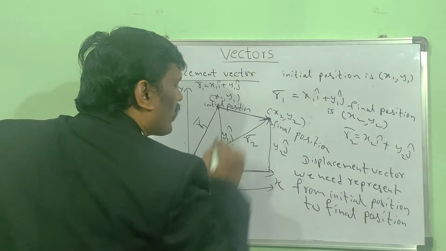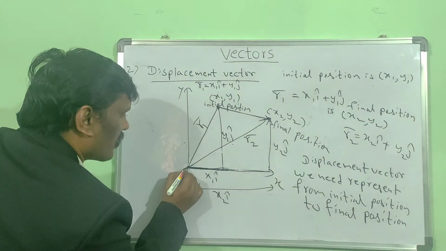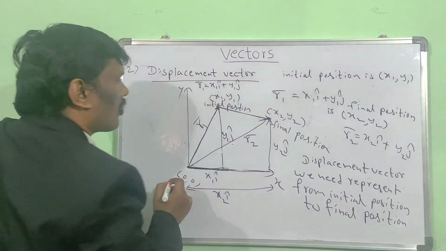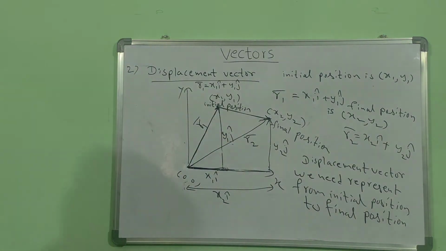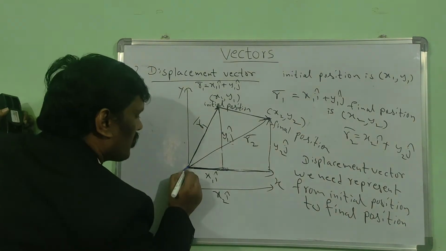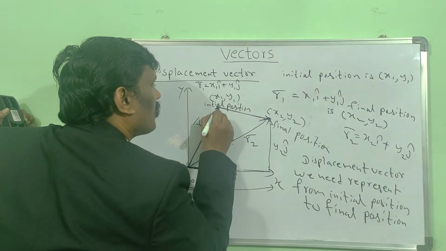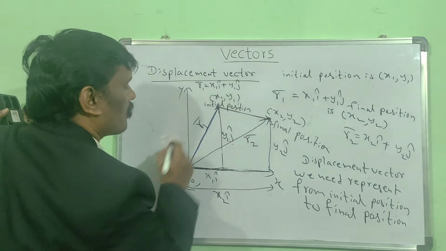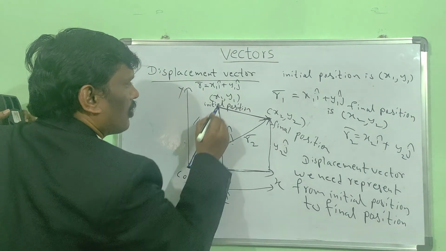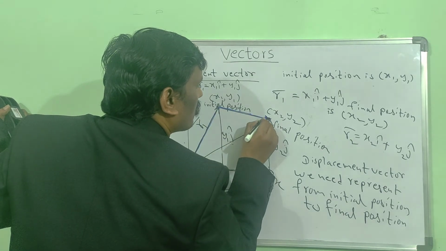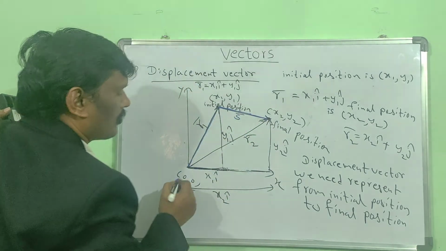Then how to write the displacement vector? Let us see. Observe here. This is the initial position vector R1 bar, and this is the displacement vector, consider S bar.